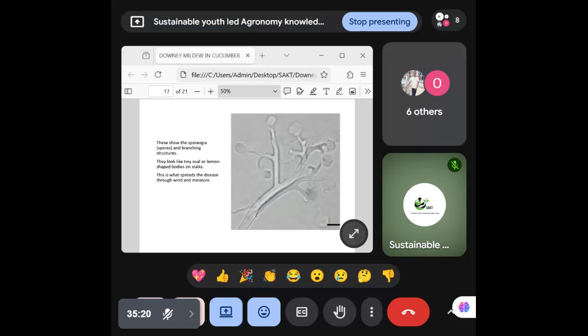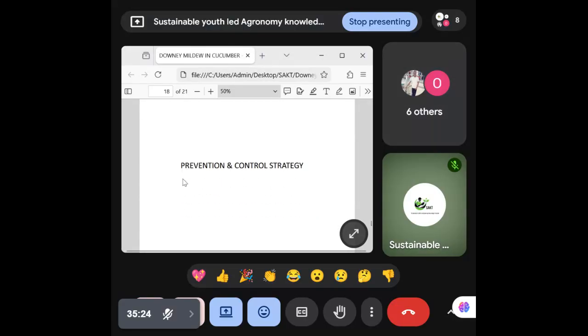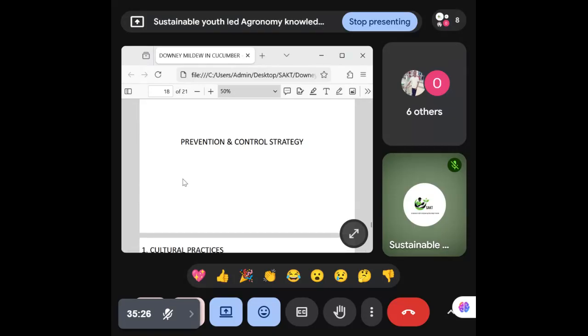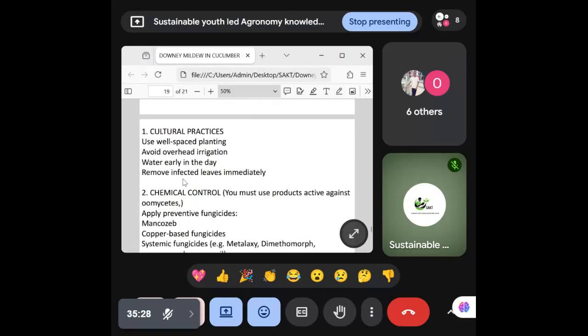Next slide. Prevention and control. Number one, we have cultural practice. Use well-spaced planting. For me, what I do is that in my farm rows I maintain 1 meter spacing because this helps.